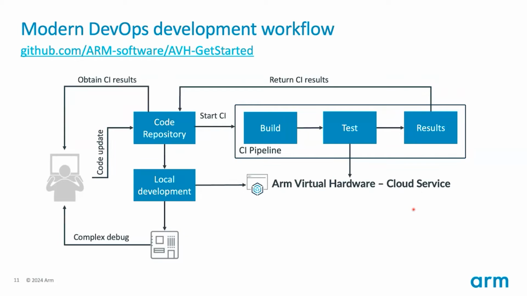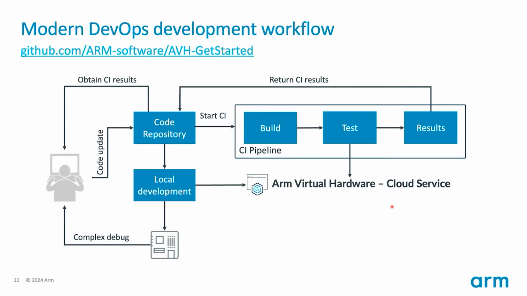This is the magic part, the testing. We propose not to run it always on hardware. Hardware is only kind of the final step, but in between, when you do little code changes, little updates, run all these unit and integration tests, you should think about ARM virtual hardware, which is in the cloud.